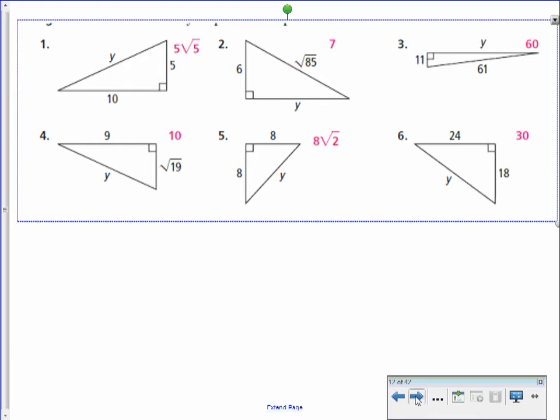So for 1 through 6, these are the answers I got. All right, so we'll review a couple.